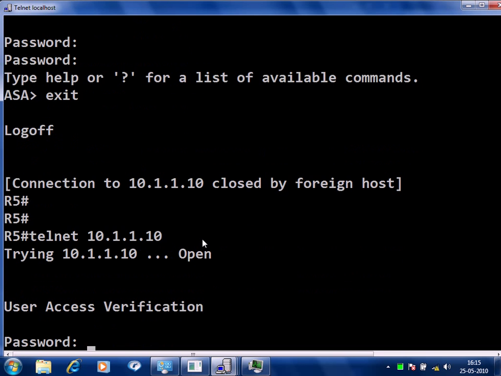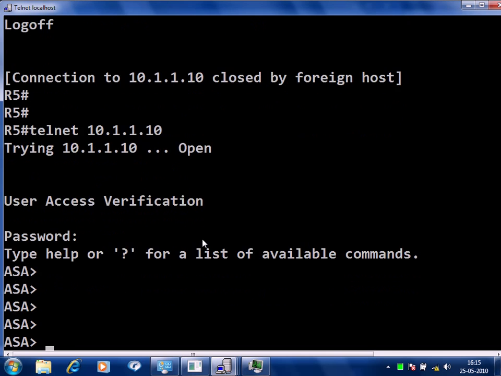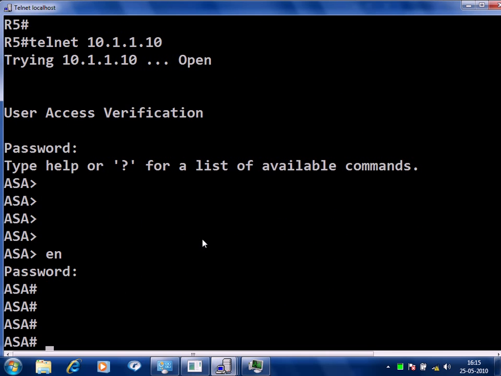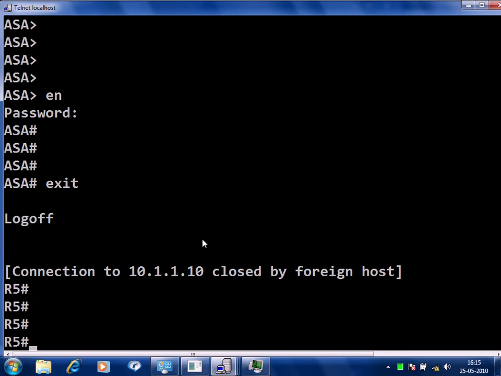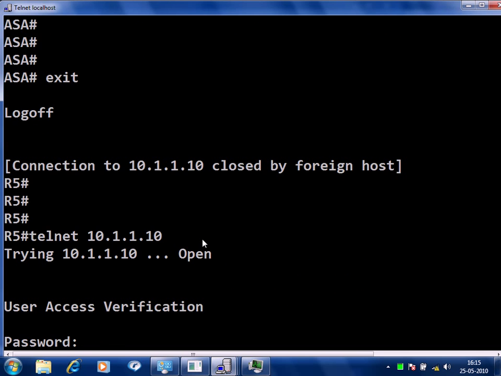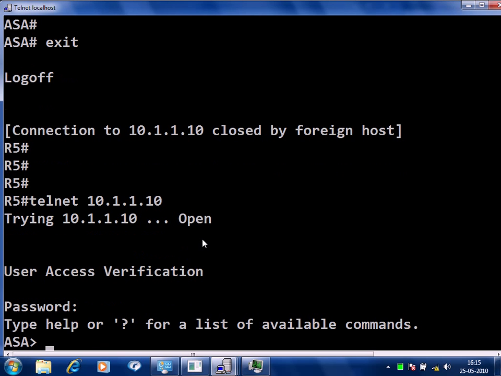From R5, let's say, see. I did not configure enable password or any password. What I am showing is, this is the login password, right? What password should I enter over here? Did we configure anything on ASA? No, right? I did not configure any single thing.